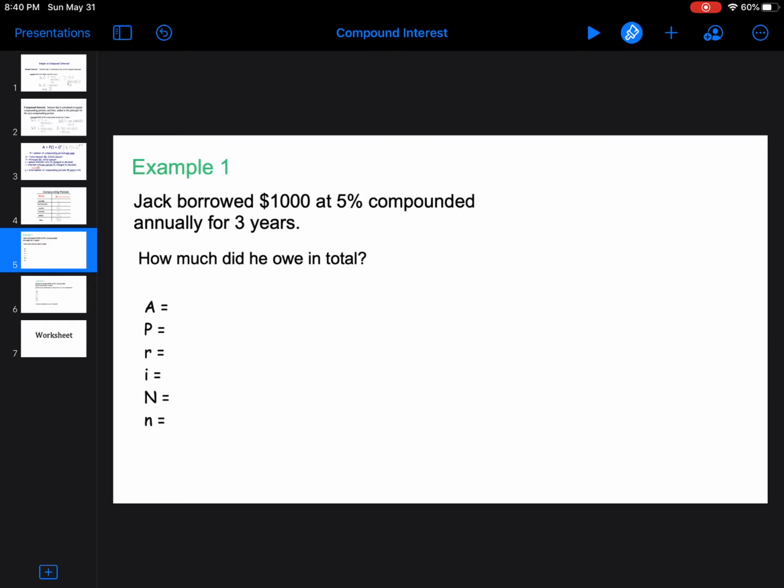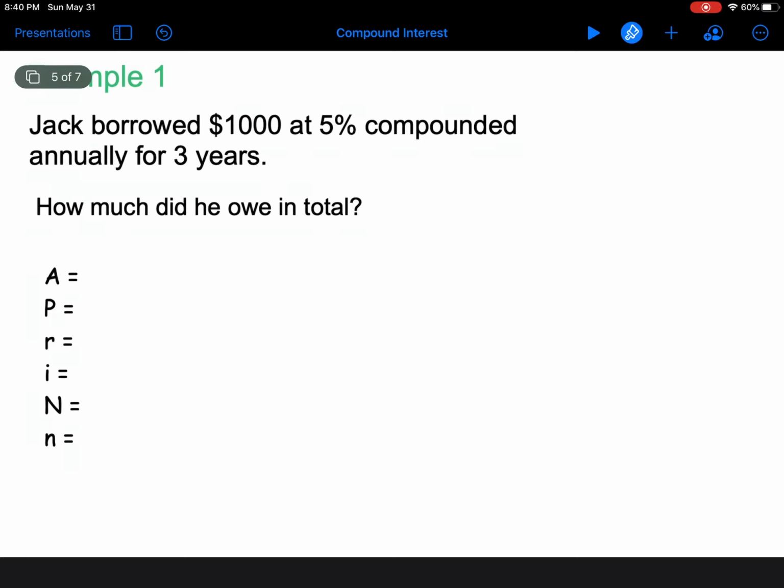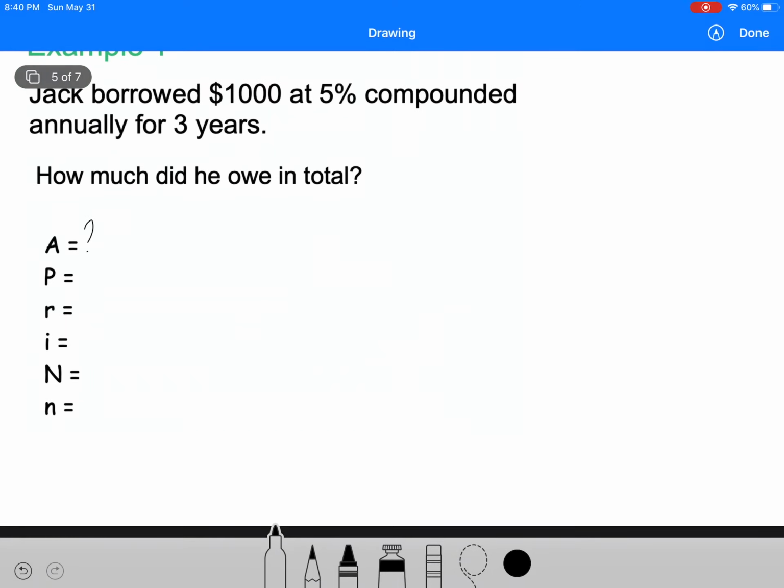Okay, so we want to find our A value. We know our principal is 1,000. We know our yearly interest rate is 0.05. Our I value would be 0.05 divided by 1. The reason that it's 1 is because we're compounding annually here. So that means that our N is 1.